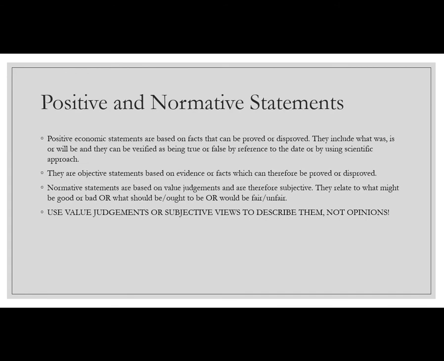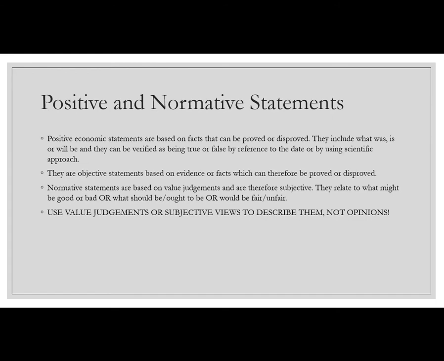An example of a positive economic statement would be that Joe Biden is going to be inaugurated on Wednesday, and that is a positive statement because he will be inaugurated on the 20th of January. Whereas a normative statement would be, I think or I believe that taxes should be lower. That is obviously my opinion, so that would be a normative statement.